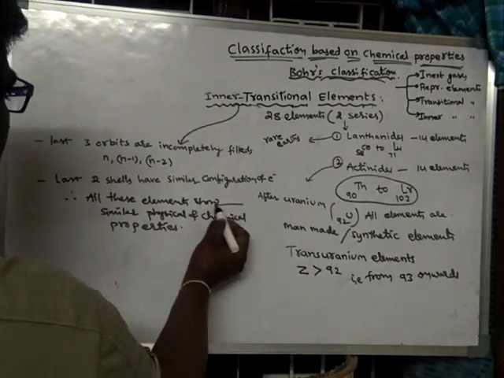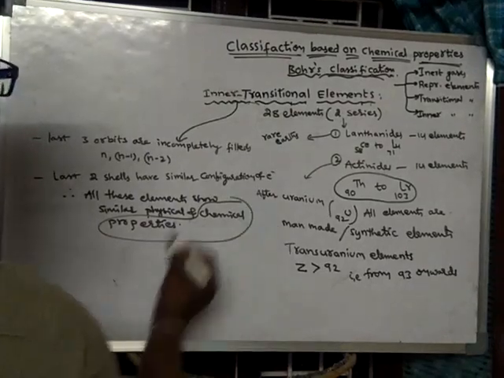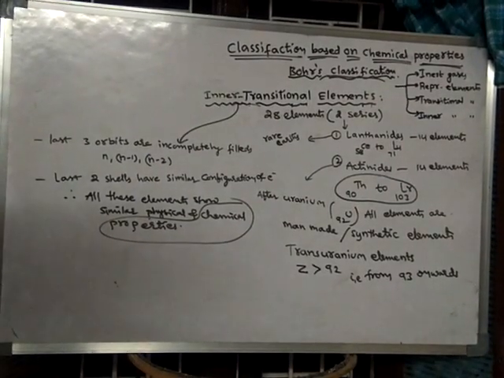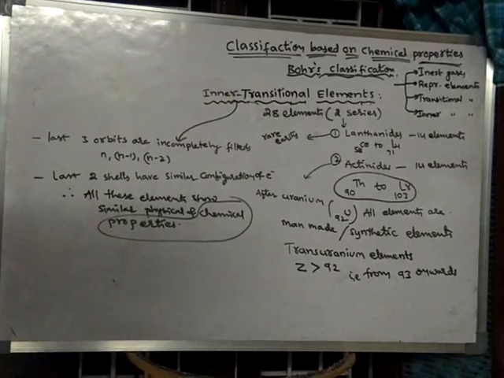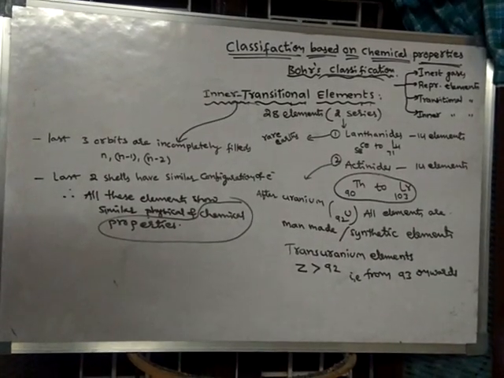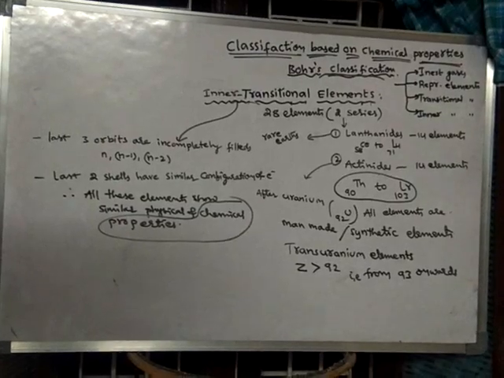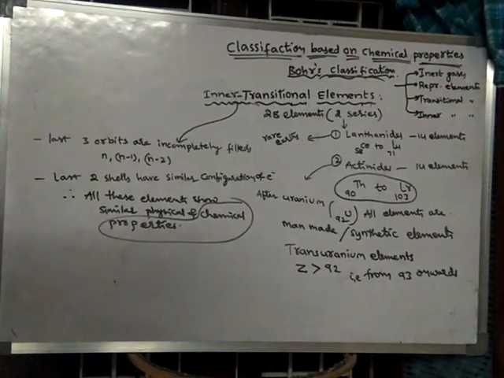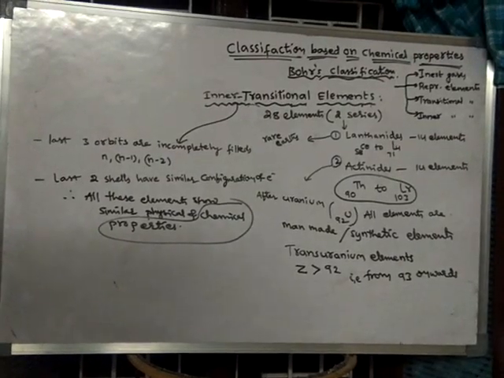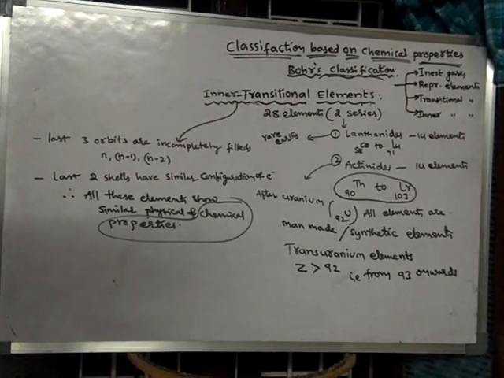See, when do the elements show similar chemical properties? When the number of electrons present in the outermost orbit is the same. All the elements which have the same number of electrons in the valence shell, or the outermost orbit, will show similar chemical properties.